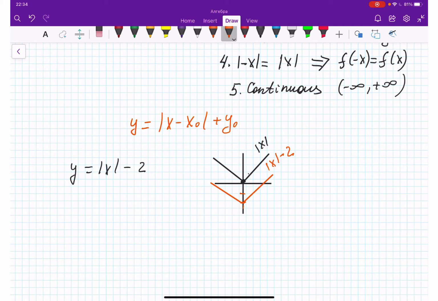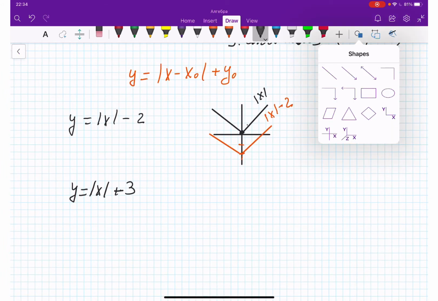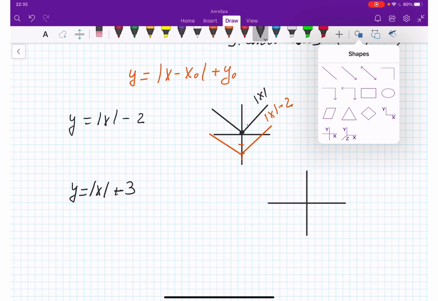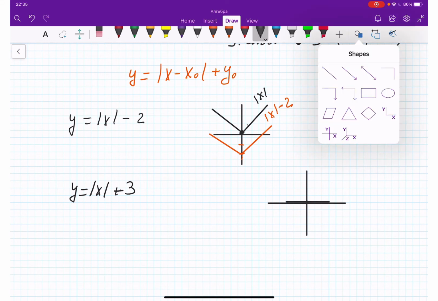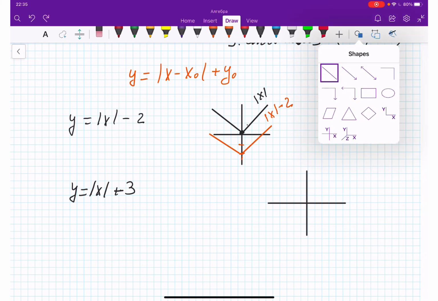Next we are building y equals absolute value of x plus 3. First, again, we are going to build absolute value of x.